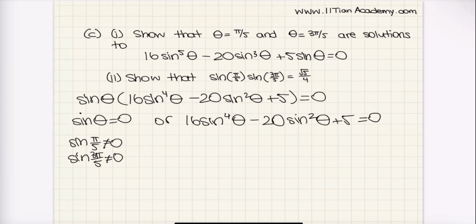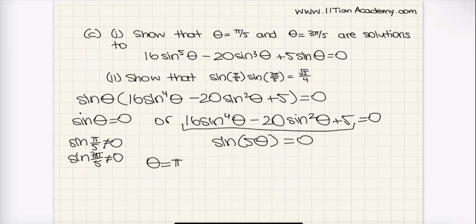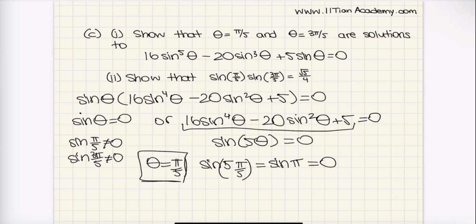Now keep in mind that in a previous section we learned that 16 sine to the power 4 theta minus 20 sine squared theta plus 5 is the same as sine 5 theta. So it's possible that sine 5 theta is equal to 0. If we plug in the first one, theta equals pi over 5, we get sine 5 times pi over 5, which is sine pi, and that is equal to 0, meaning this one is indeed a solution.